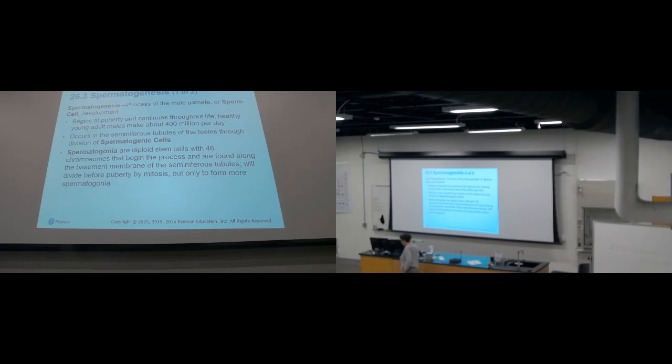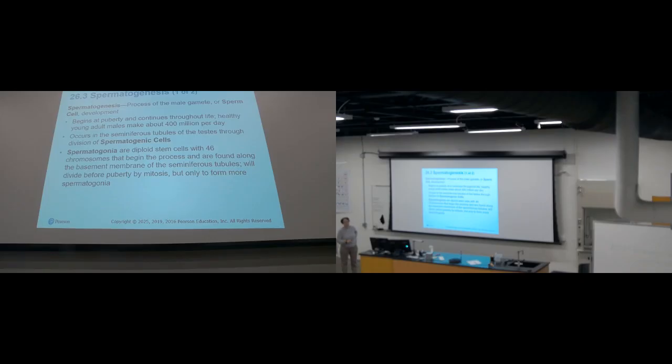Okay, spermatogenesis, the process of forming a sperm cell. It happens, of course, in the seminiferous tubules in the testes, and begins in puberty. A healthy young adult male will make about 400 million sperm cells per day, and it does so by the replication of the spermatogonia, which are the stem cells that are diploid.